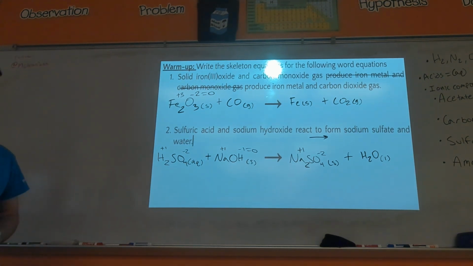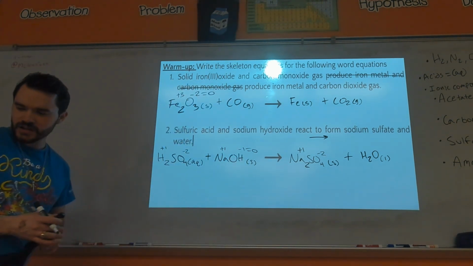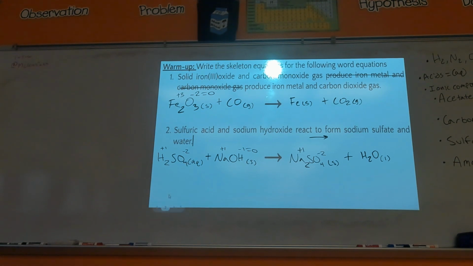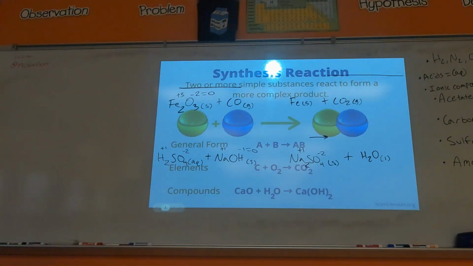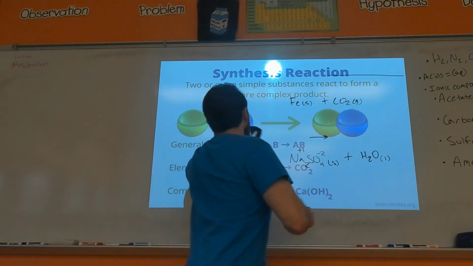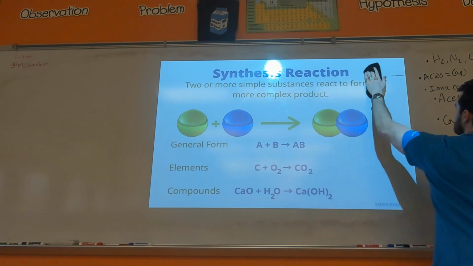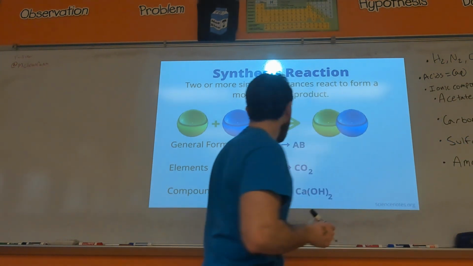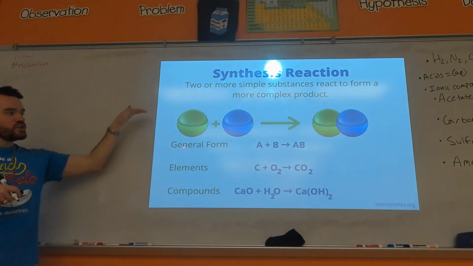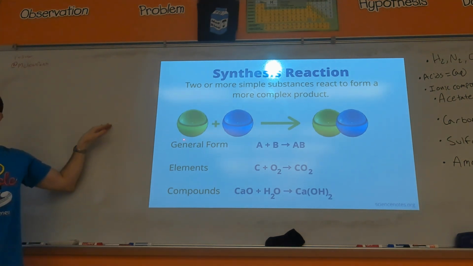Okay? All right. Hopping into our notes, the first kind of reaction we have is a synthesis reaction. So in a synthesis reaction, what you're doing is you're going to take 2 separate things, or it could be multiple separate things.